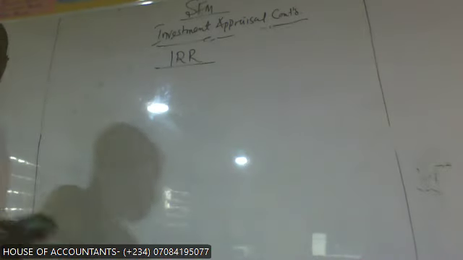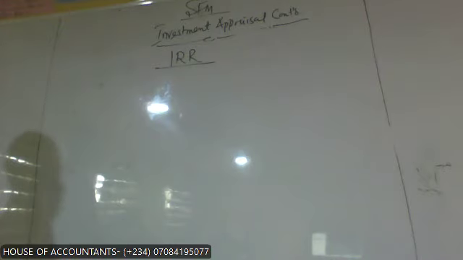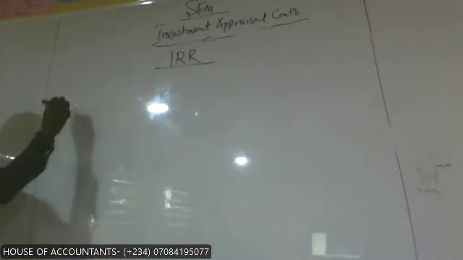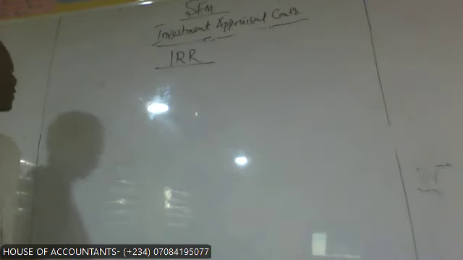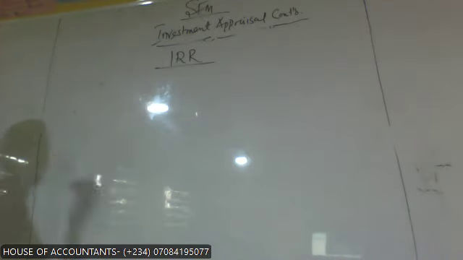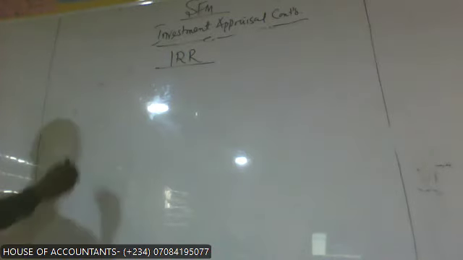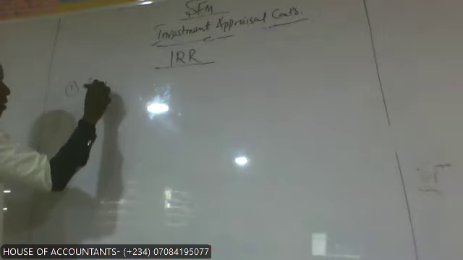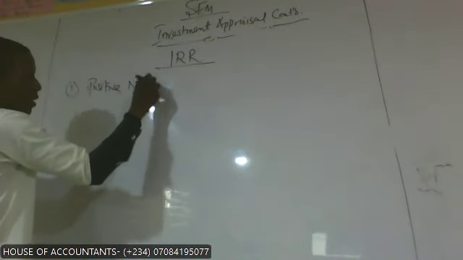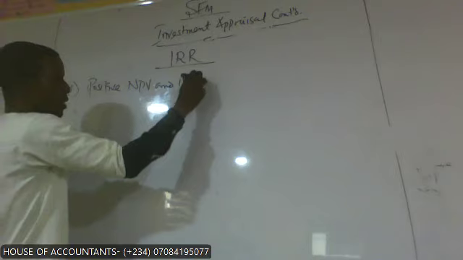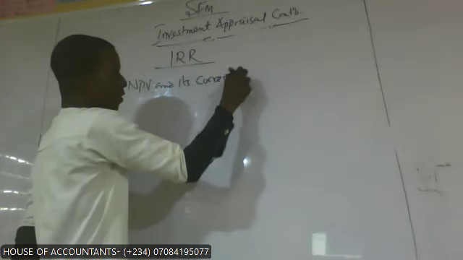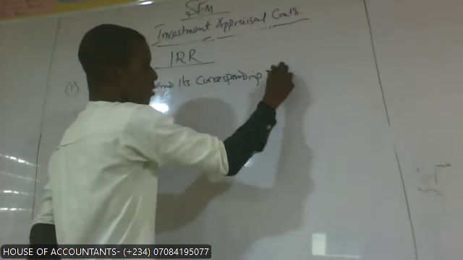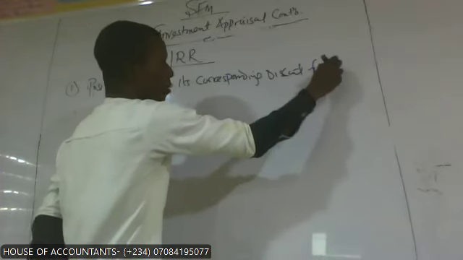Now, that is internal rate of return. So how do we calculate internal rate of return now? To calculate internal rate of return is based on trial and error. Are you getting it now? You assume. Now, what do you need to calculate internal rate of return? You need a positive NPV and its corresponding discount factor.